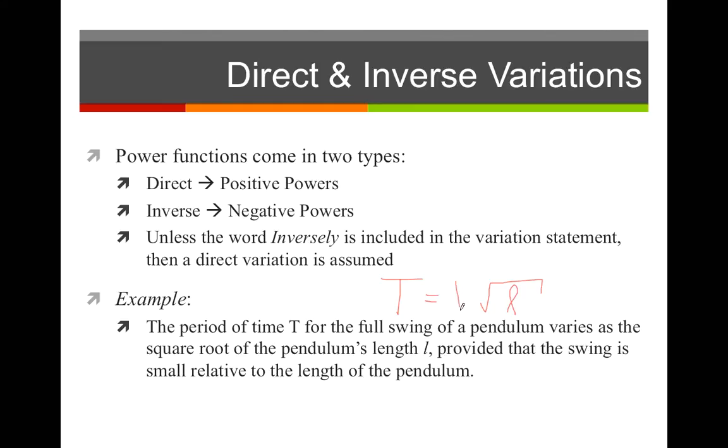Don't use x, but usually we use a k. So T is equal to k times the square root of L, or in the way I wrote it in the PowerPoint, telling us that the function is a function of L, T of L is equal to k times the square root of L. That gives us the direct variation mentioned in this particular problem.